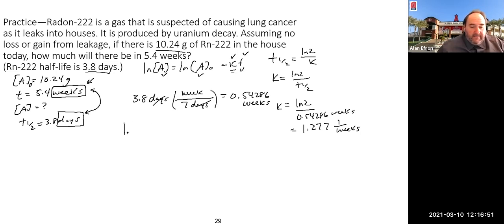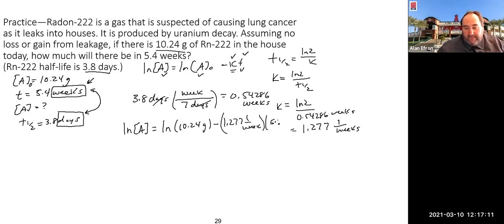That means that we have the natural log of A is equal to the natural log of our initial, which was 10.24 grams, minus 1.277 1 over week times our 5.4 weeks. Again, this is why it's important: the weeks will cancel each other out.